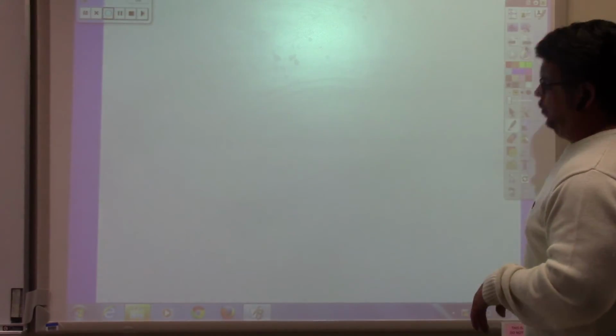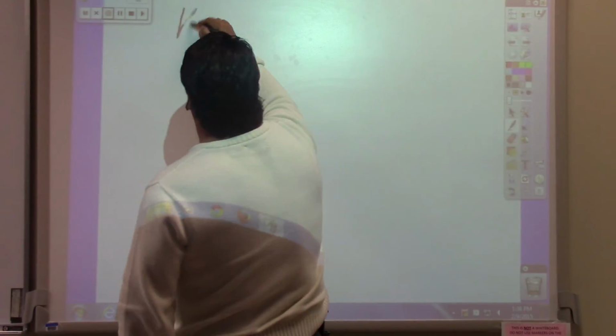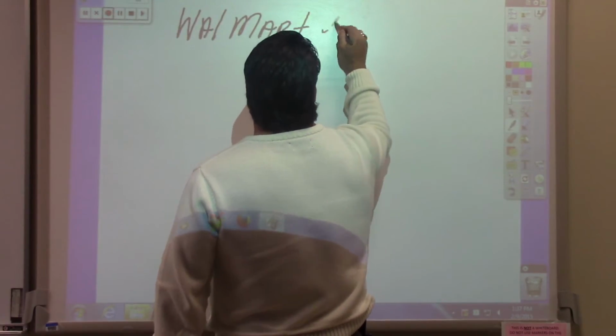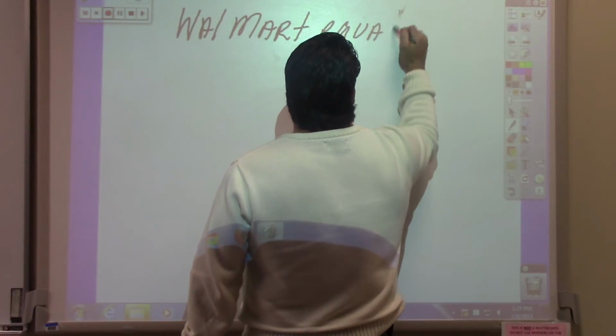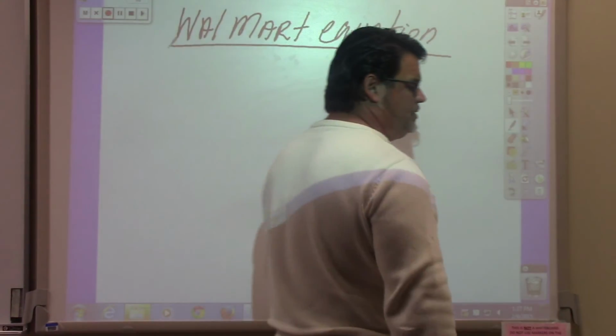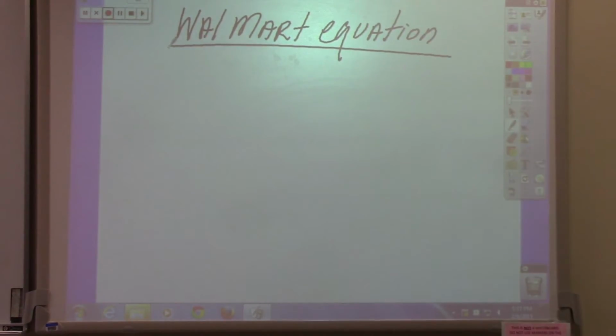All right, the Walmart equation. This is something I came up with a long time ago. Everybody uses it, you just don't know it. Because everybody has gone into a store with $5 or $10 in their pocket.